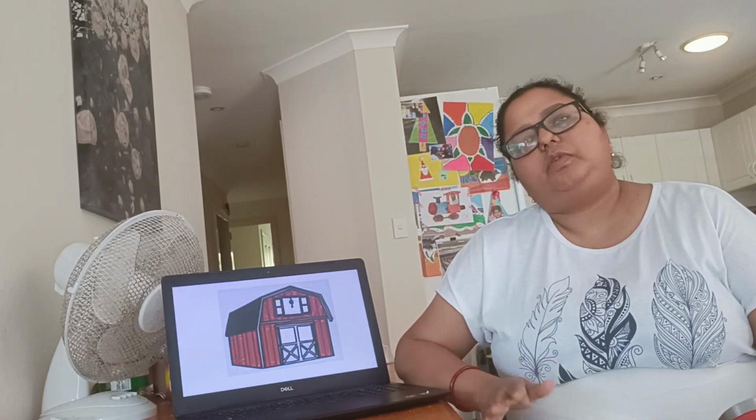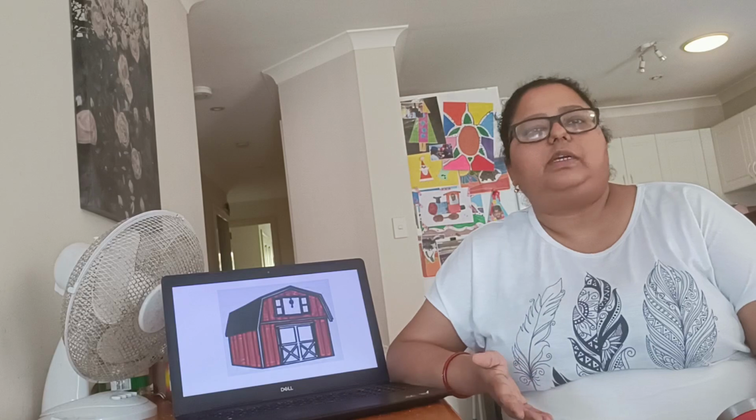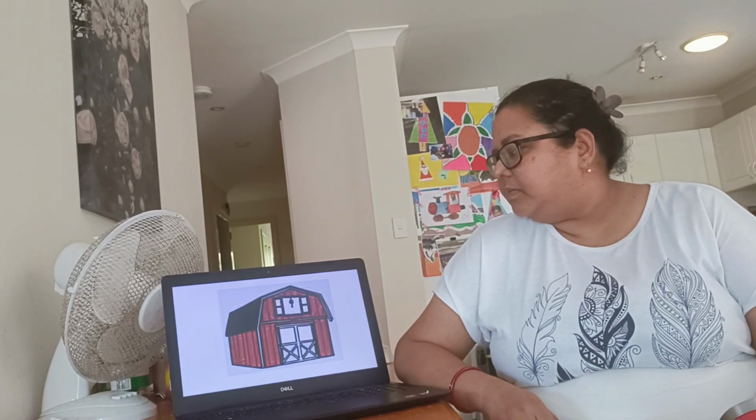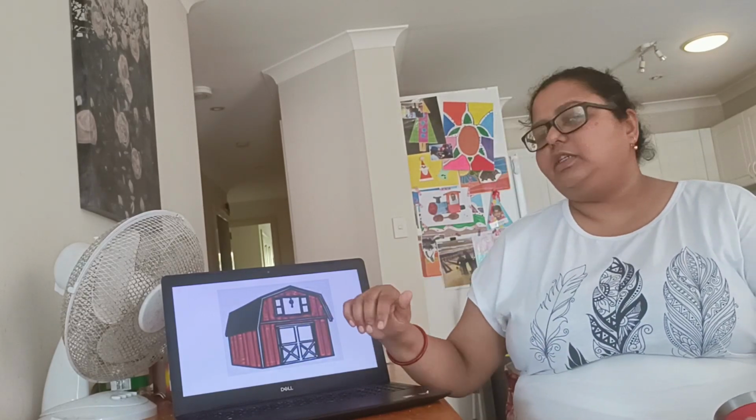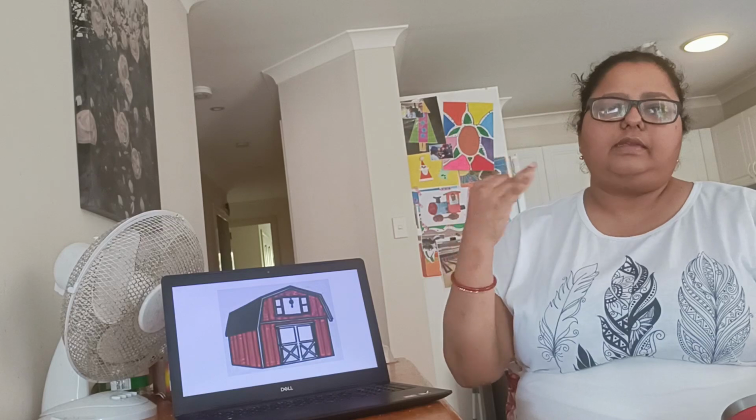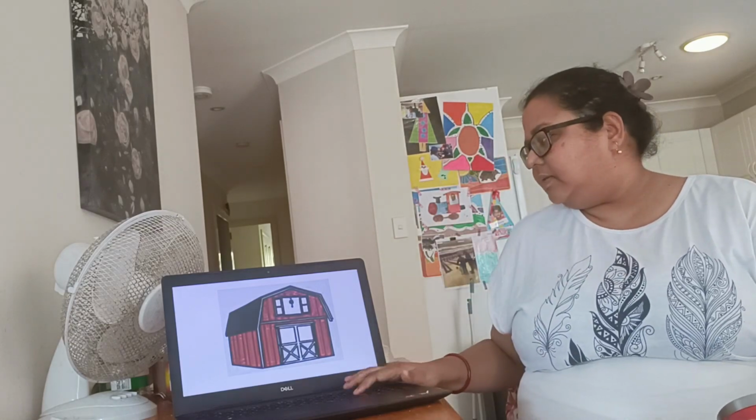My aim is that 100% of my students should be able to successfully decode the words which I'm going to teach them. So I had chosen shed because it has 3 sounds. I demonstrate how to decode it, and then I show them how to spell it.